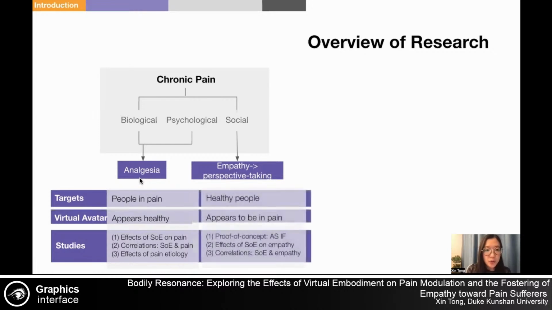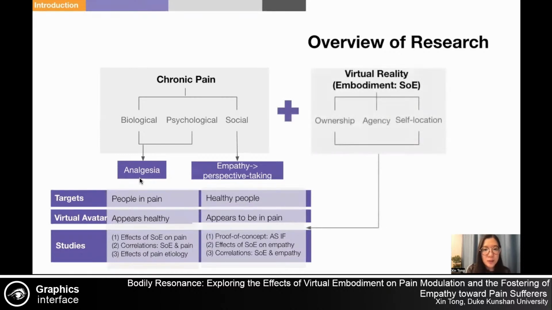In the second research trajectory, opposite to the pain research, I put healthy people in an unhealthy, painful avatar with a goal to explore how embodied VR can foster empathy towards chronic pain sufferers. This path includes 3 iterations of a proof of concept VR game named As If, and I evaluated each round of iteration. So you may ask, why virtual reality and sense of embodiment?